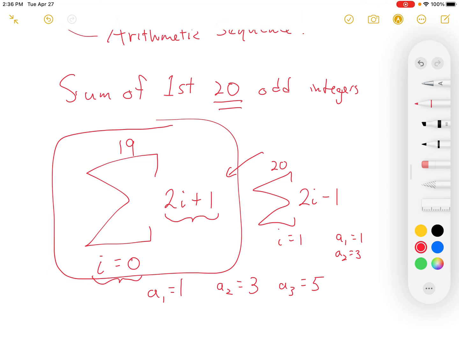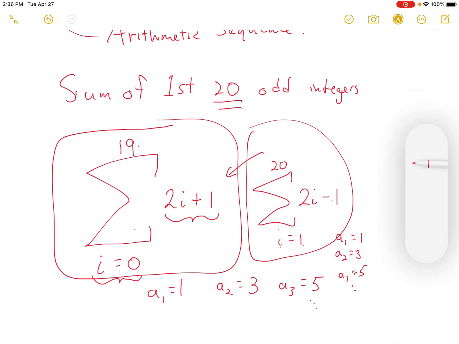So both of these work for the summations. But this is, again, how you read it. The sum of 2i plus 1, i starts at 0 and ends at 19. This one's 2i minus 1, i starts at 1 and ends at 20. But we still get the same sequence, and that's all that matters. And I'm stopping at 3 because I know it's going to be 7 the next one, etc.